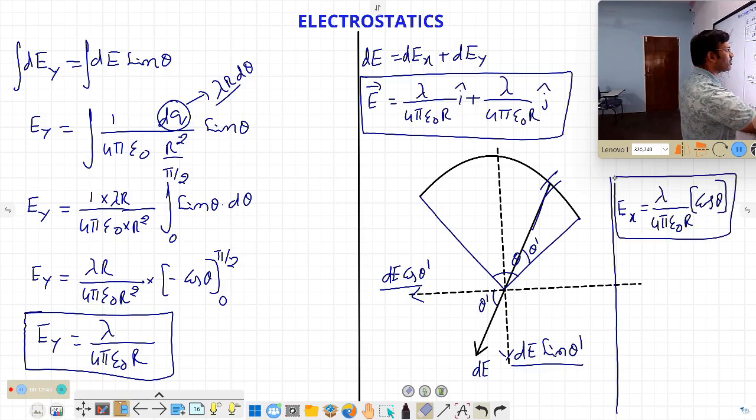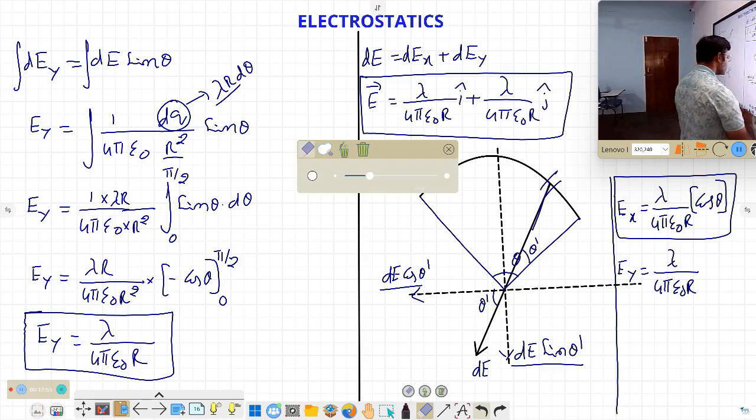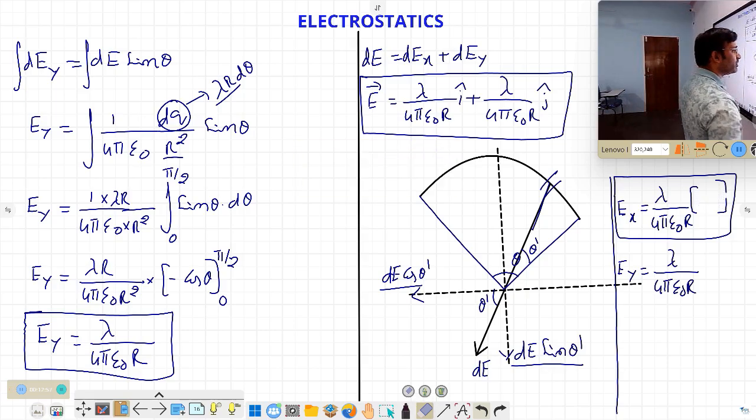Similarly, the y component is also lambda by 4 pi epsilon naught r, but in place of this we get minus cos theta. Sorry, the previous one is not cos theta, it is sin theta. So this is the sin theta component, and this one is the minus cos theta component. This is the y component, so I write it as j cap. This is the x component, so I write it as i cap.